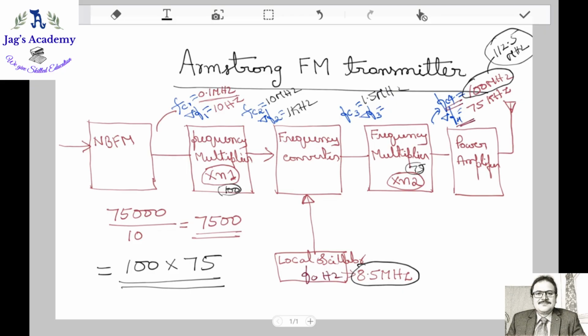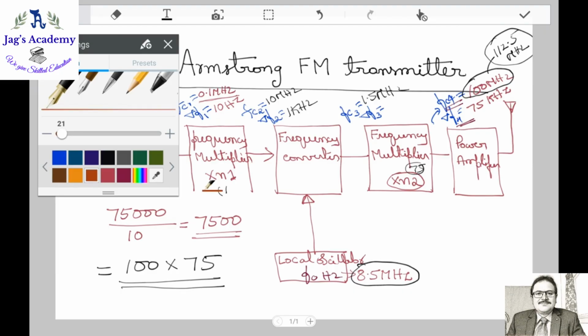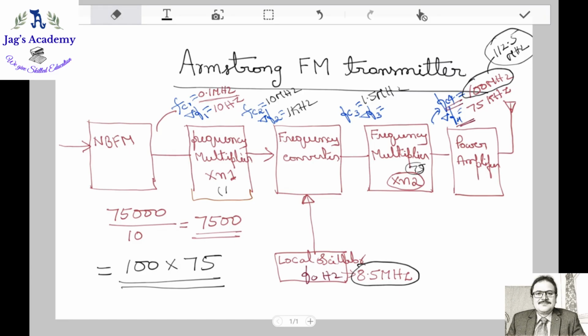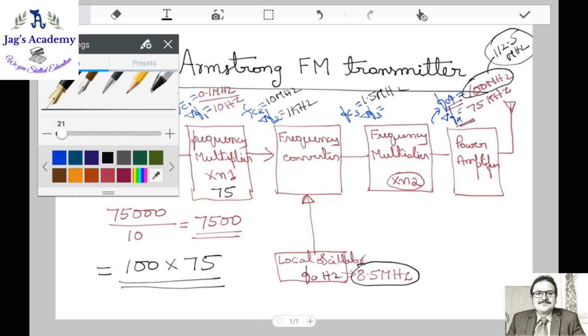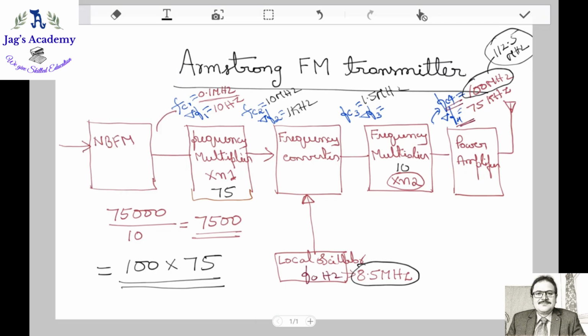So what we will do is change it. N1 we will change to 75, and we will make N2 as 100.